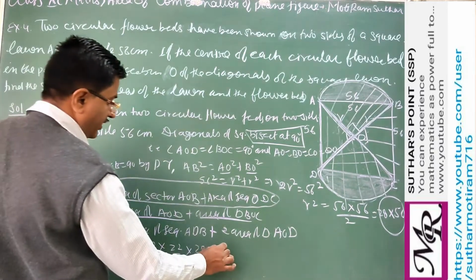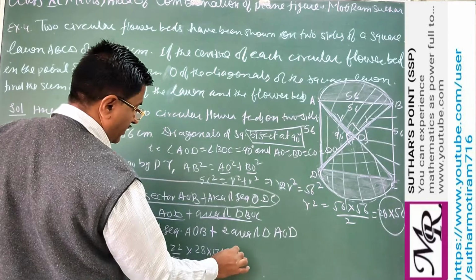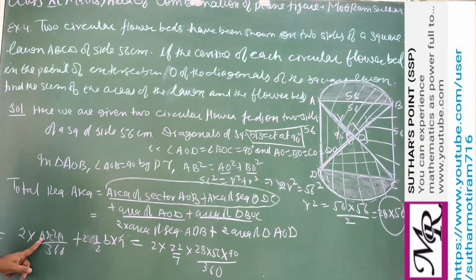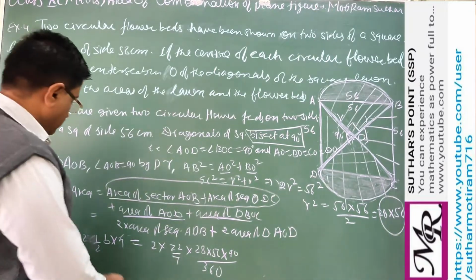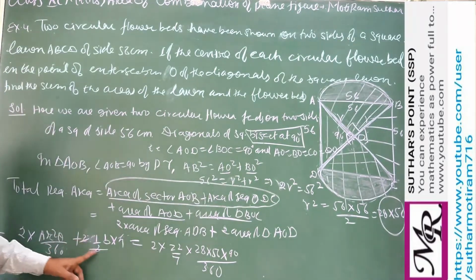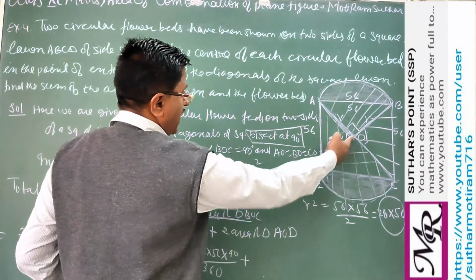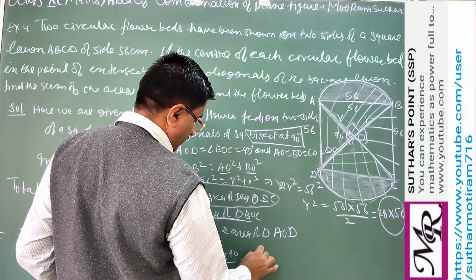Theta, that is the central angle, this angle is 90. So 90 upon 360. Put all the values: pi 22 by 7, r square 28 into 56, theta 90 and upon 360. So this 2 and 2 will cancel out. Base into height: the base is R, the height is R, both are R, that is R square.